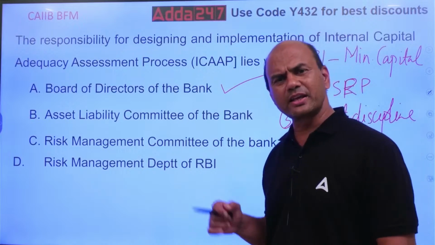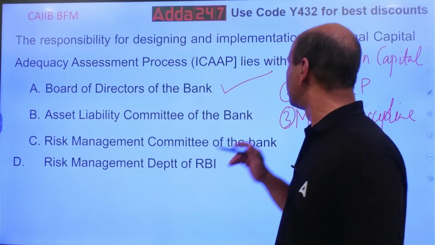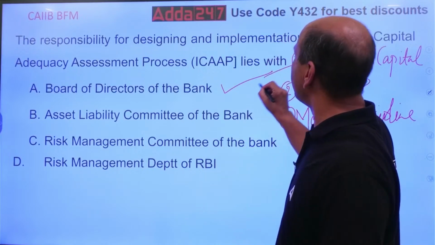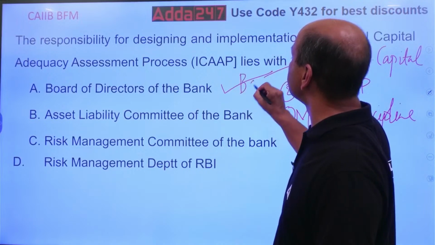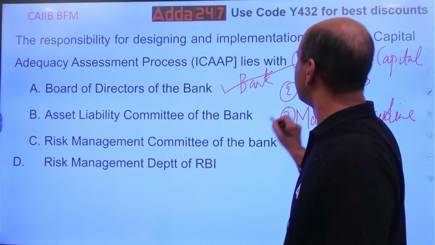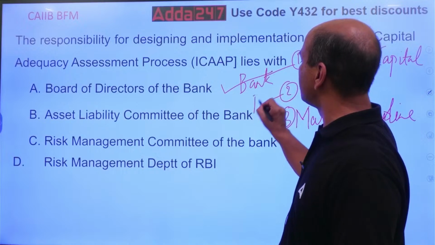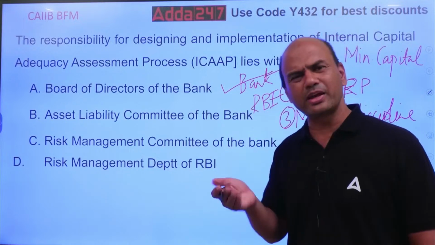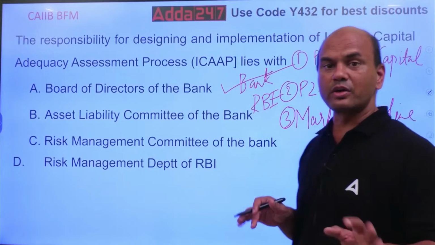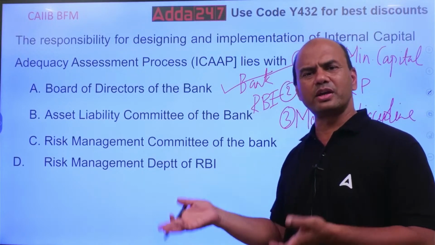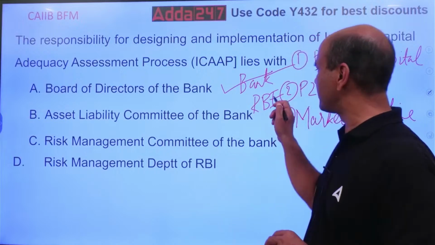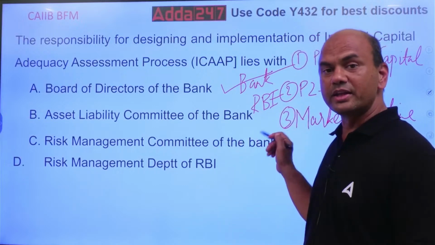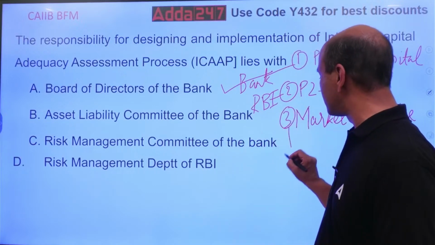Now what is this ICAP? Kindly note a few points. Pillar 1 is done by the bank. Each bank individually will do this Pillar 1. Pillar 2 is generally done by RBI or auditor, whoever does the audit. RBI does the audit, even the auditors do the audit. And the third one is for the investor.